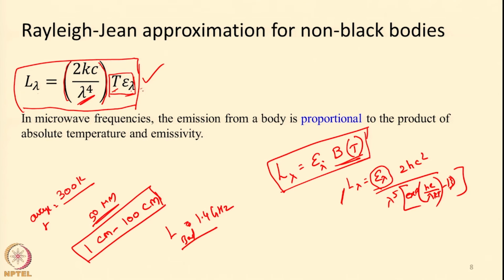But if you look at it after the Rayleigh-Jean approximation, the equation becomes much simpler and the radiance is directly proportional to the product of T and emissivity. So, here the weightage of T and emissivity is equal in defining the radiance, both have equal say. If temperature increases, radiance increases to the same extent. If emissivity increases, radiance increases to the same extent and vice versa.